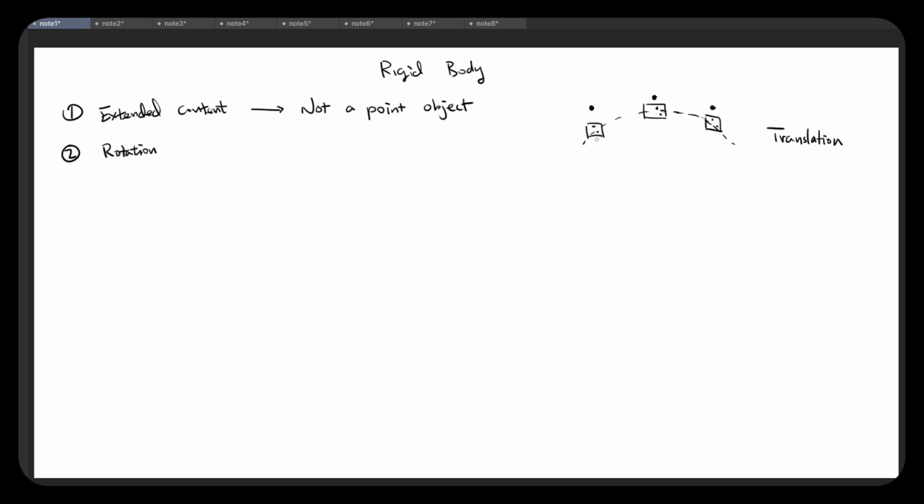But for this object, let me show you. I'm going to just draw the same diagram again. So let's say at the beginning, the object still looks like this. We have these 2 points there so that we can recognize the orientation of the object. But afterwards, the object may rotate to this new position, its new orientation.